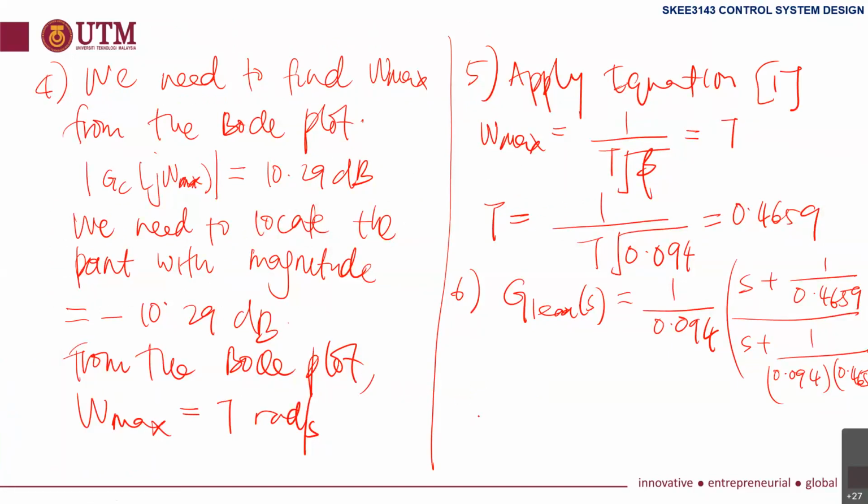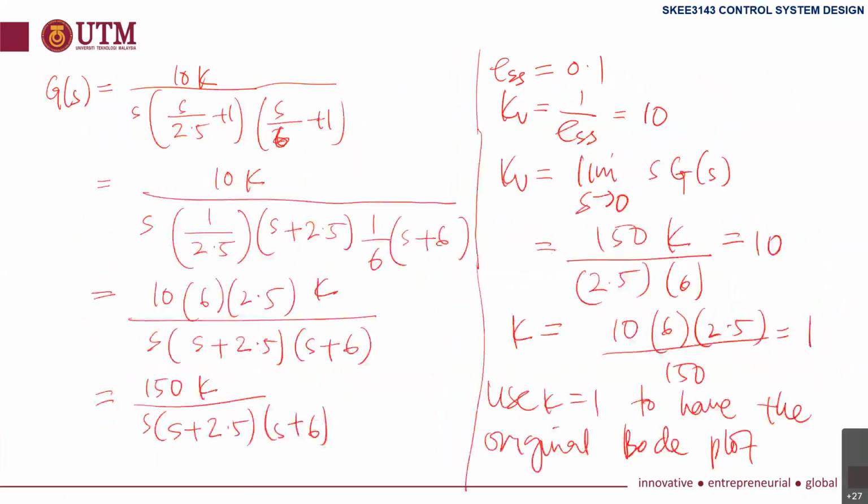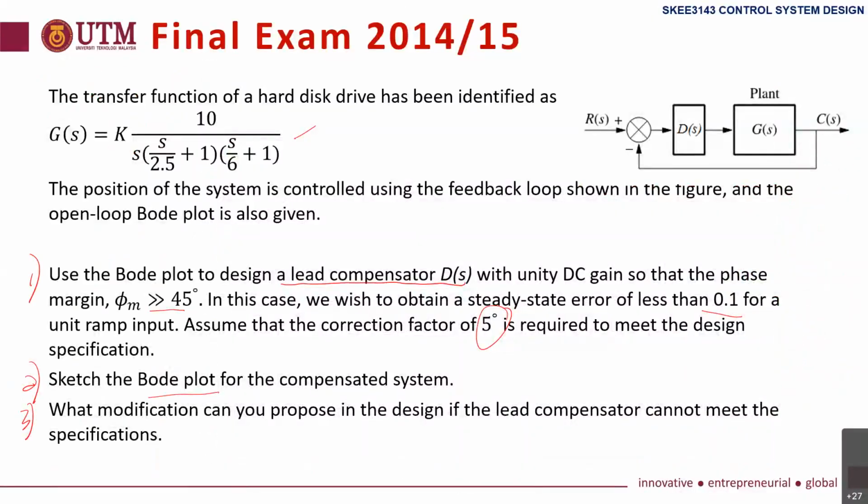No, doctor. Number 7, finally, if needed, you can find G(s) multiplied with G lead. The question asks us, after designing the lead compensator, to also sketch the compensated system. How can we do that?